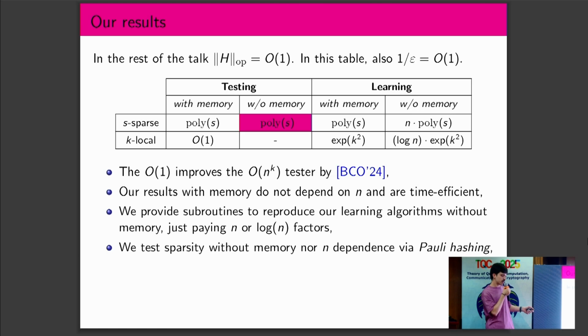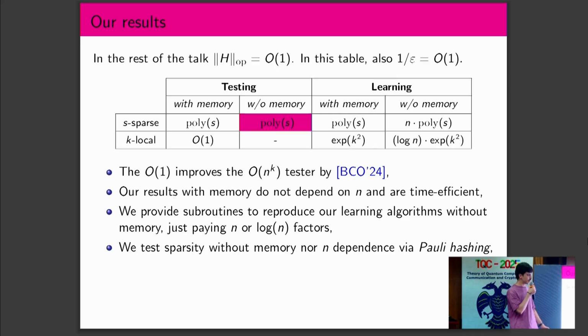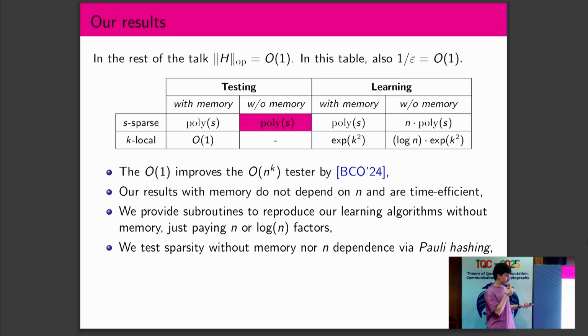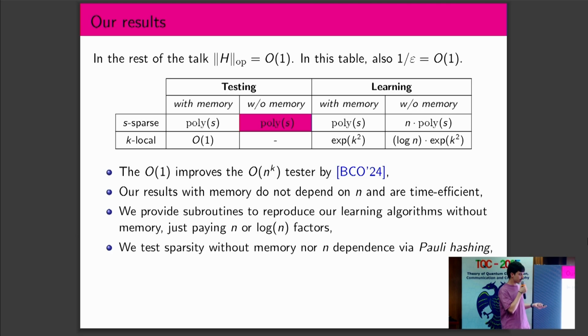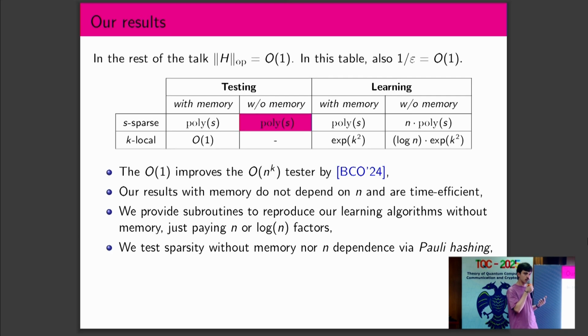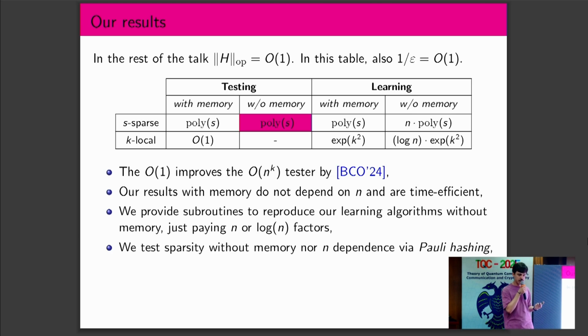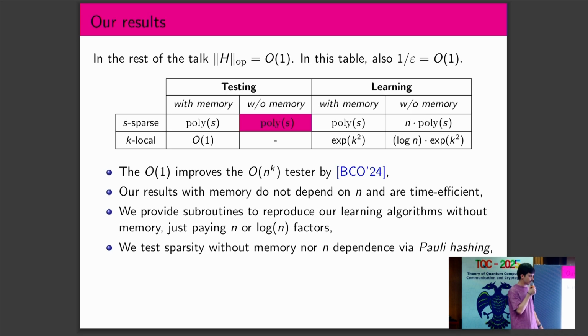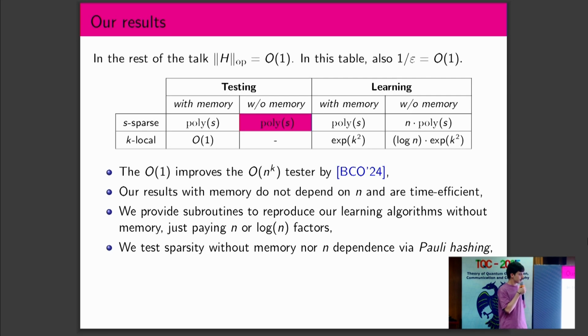And this is also very interesting. I don't have time to talk about it, sadly, in this talk, but let me say that this technique might be of independent interest, because it allows us to test for sparsity of Pauli channels, which is not the main topic of this work, with also a polynomial number of queries to the channel.